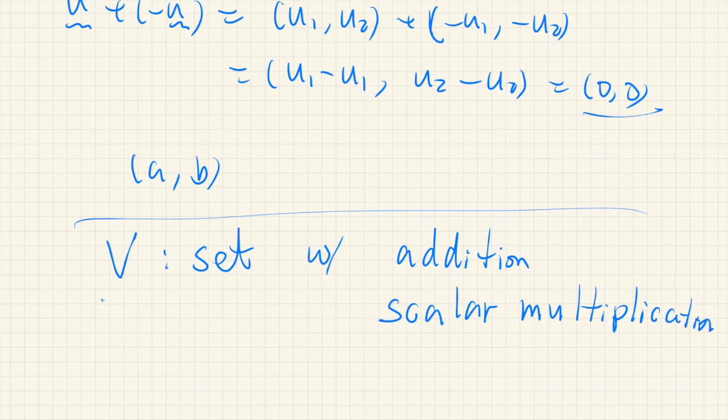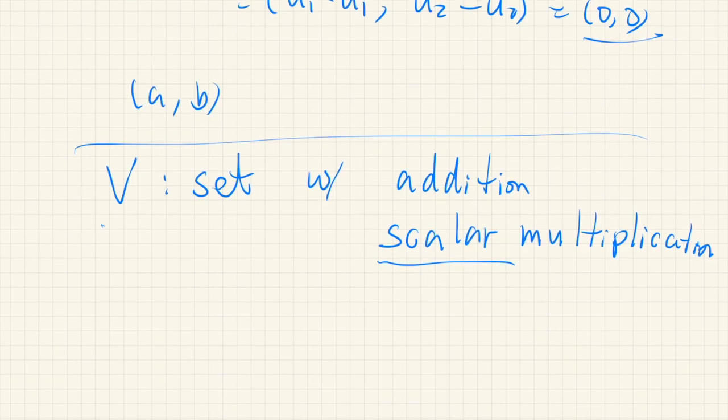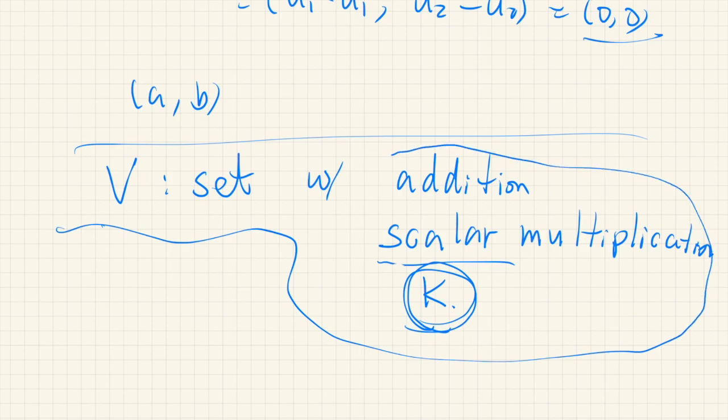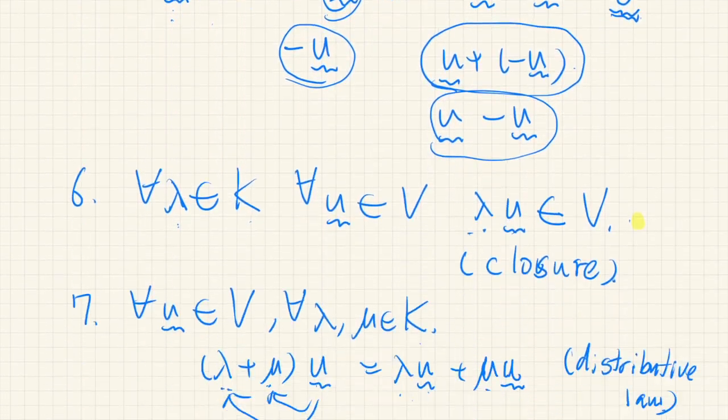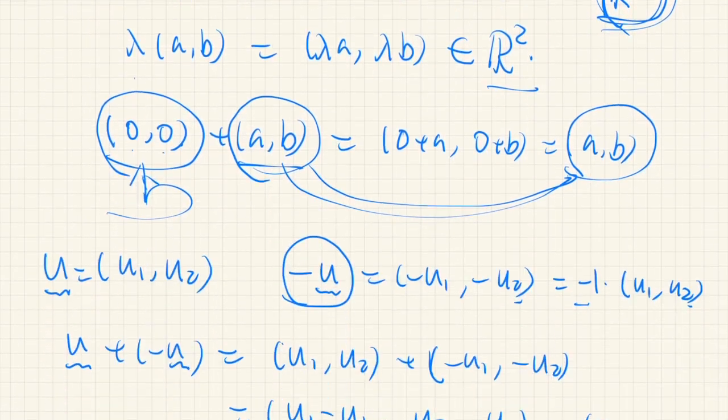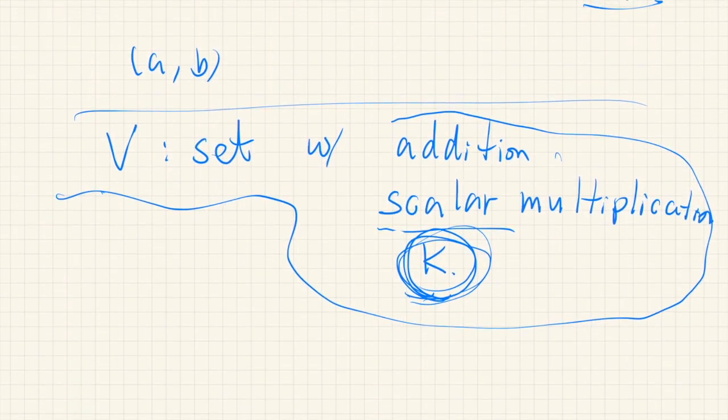And of course, in order to define scalar multiplication, we have to specify the set of scalars, which is a field. Scalars are elements of this field K. Then any set equipped with addition and scalar multiplication with elements of a field K, that satisfies all these 10 properties, 1, 2, 3, 4, 5, 6, 7, 8, 9, 10, is called a vector space.